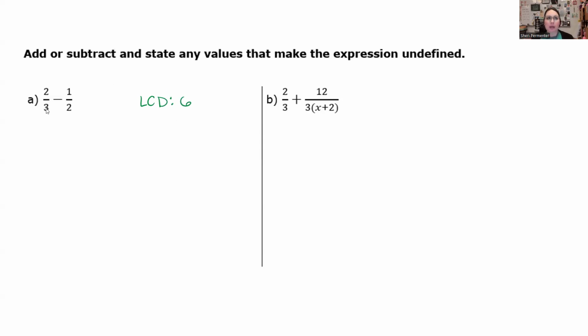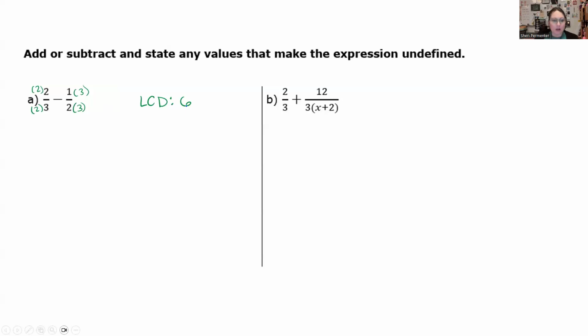Well, what do I have to multiply 3 by to make 6? 2. So on the side, I'm going to multiply this by 2 and this by 2. What do I have to multiply 2 by to make it 6? 3. So on the side, I'm going to multiply this by 3 and this by 3, and I'm going to rewrite everything. So my lowest common denominator is going to be my denominator.